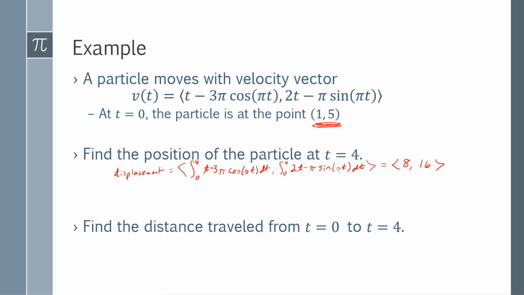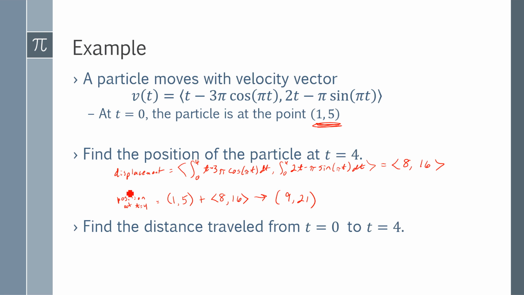So this is where my starting position comes in. So my position at t equals 4 is my starting position at 1,5 plus my displacement 8,16, which gives me an ending position at 9,21.